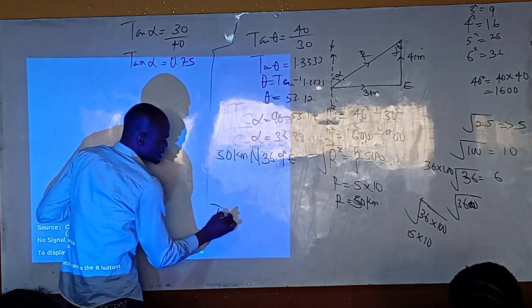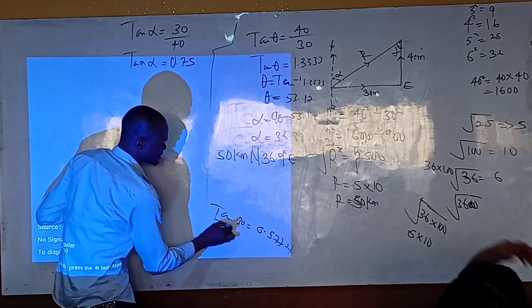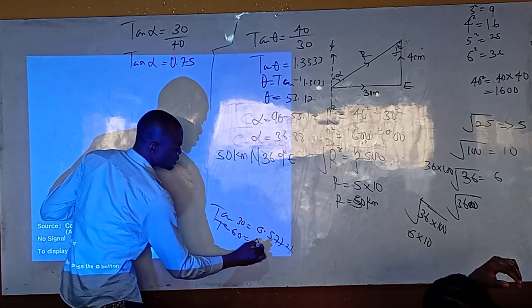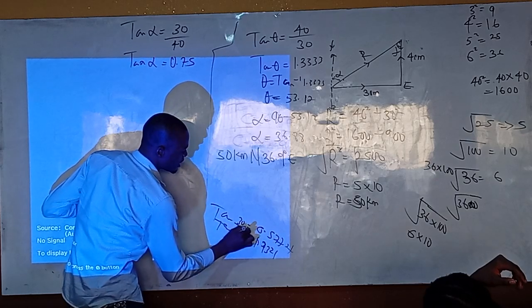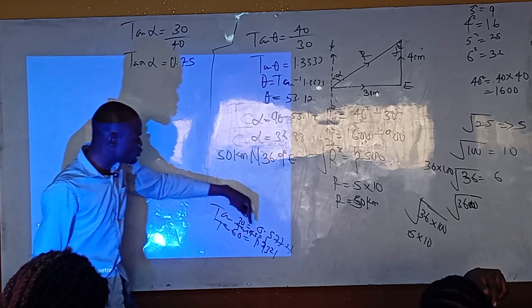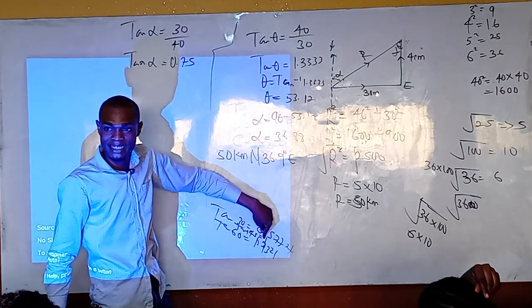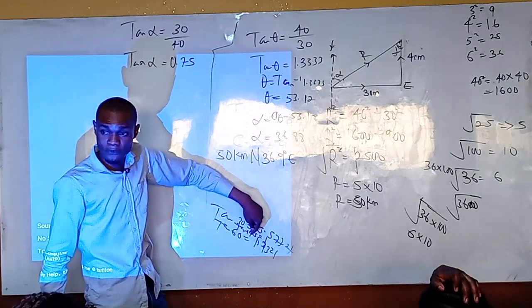Because you know that tan 30 is 0.5774, tan 60 is 1.7321, and tan 45 is 1. So 0.75 is between 0.5774 and 1, right? The value will be between 30 and 45 degrees.